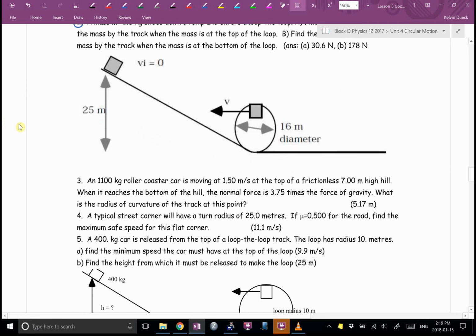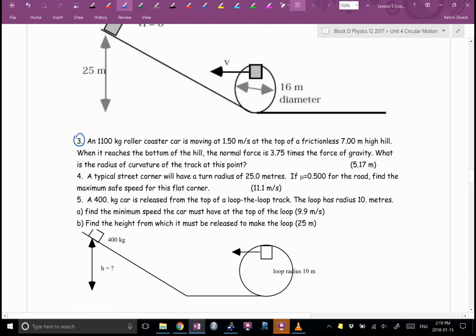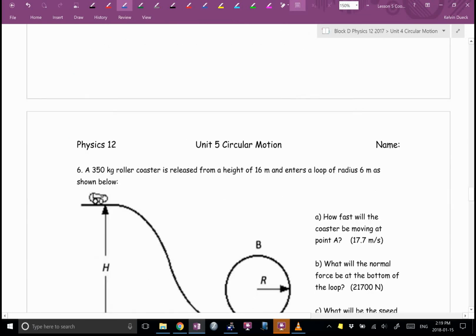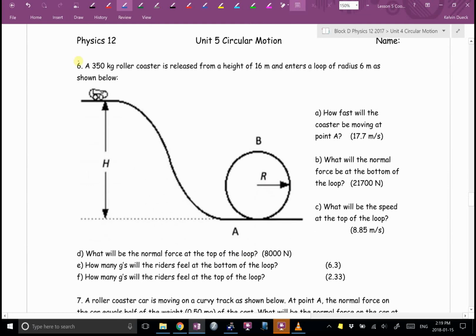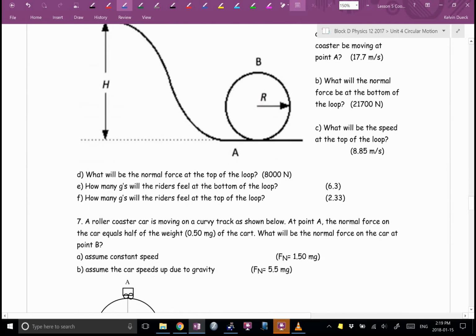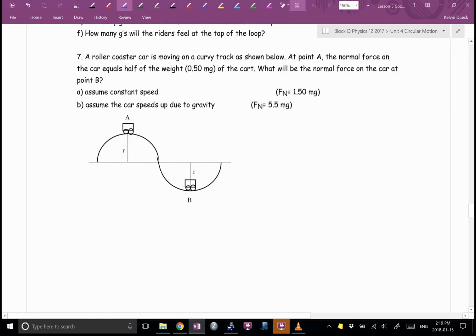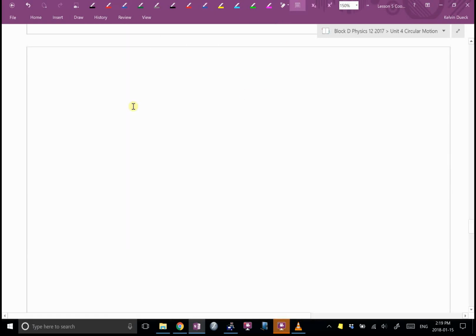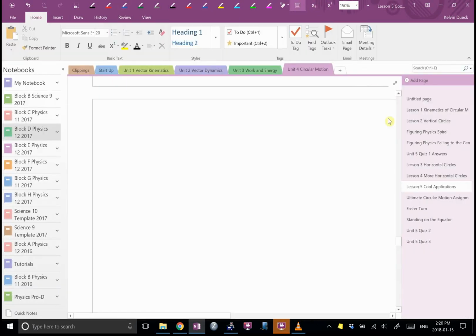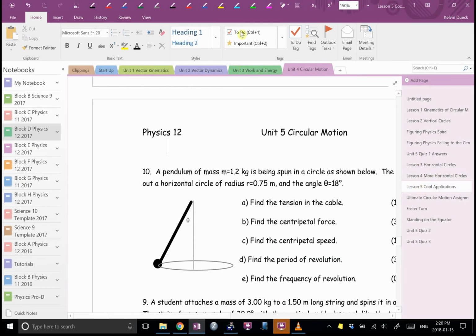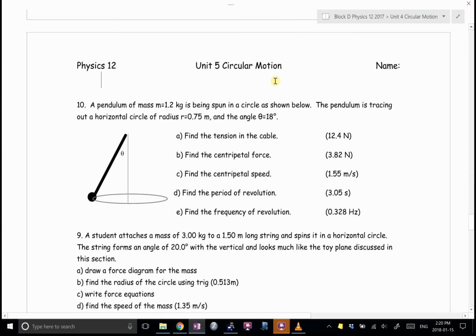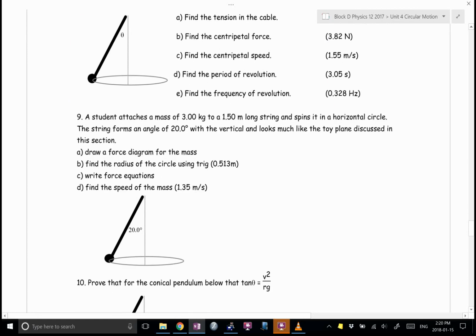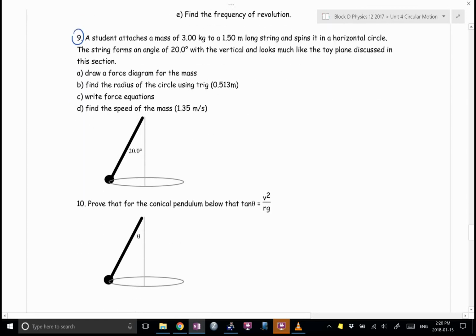Okay. Number 3. 4, 5. 6. I'm going to skip 7. Then suddenly all the questions have vanished. Is that it? Oh, no, there they are. Yay. 10 is good. 9 is good. Yeah, apparently 10, 9, 10. I need to fix that.